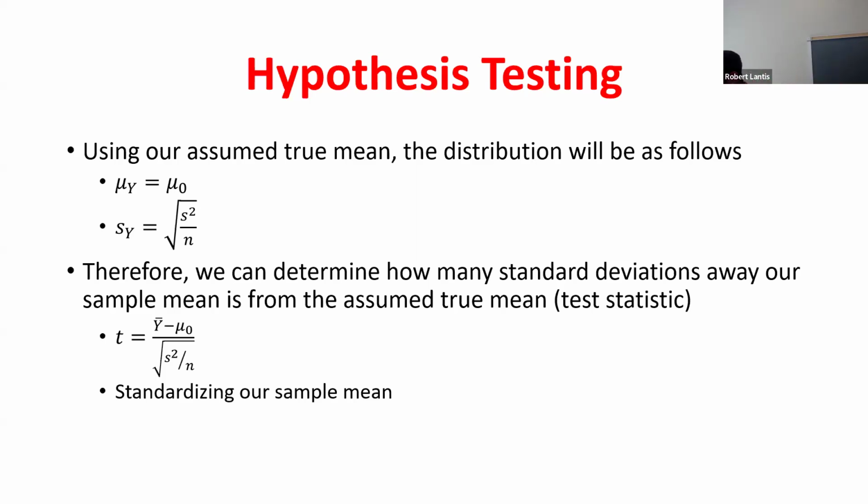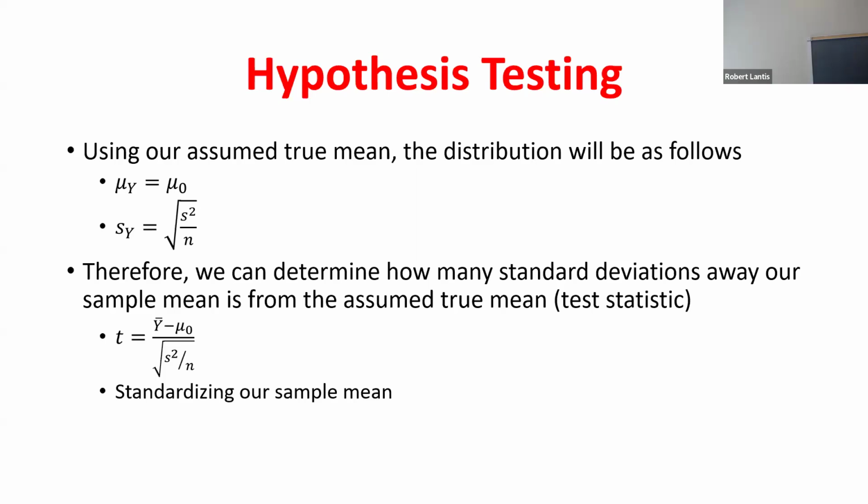This was the idea of standardizing it. Instead of a z-value now though, if we're using sample variances, this isn't coming from a standard normal distribution or z-tables, it's coming from our student t-tables, so we generally start calling these t-values, right? They represent the same thing, which is how many standard deviations away the sample mean was from, now we don't have the true mean, but from this assumed true mean.